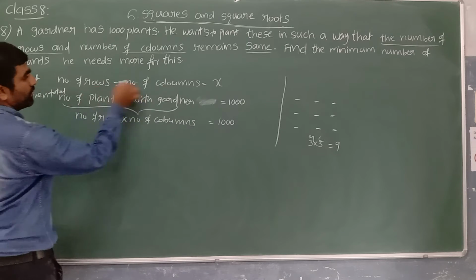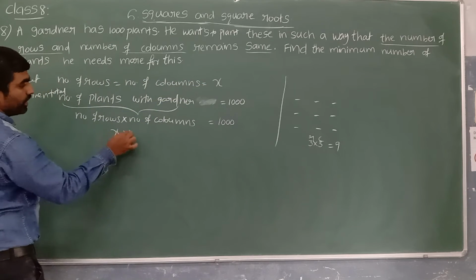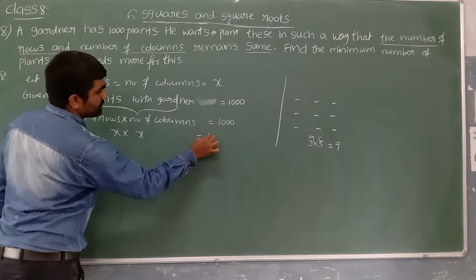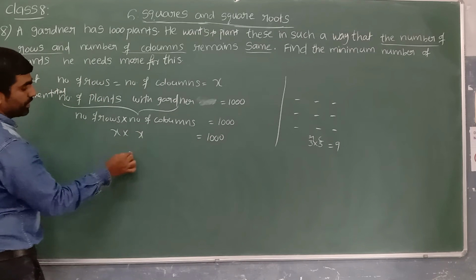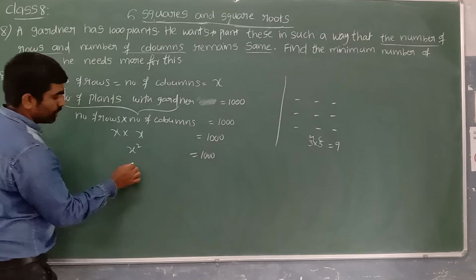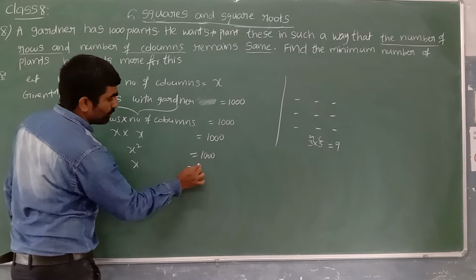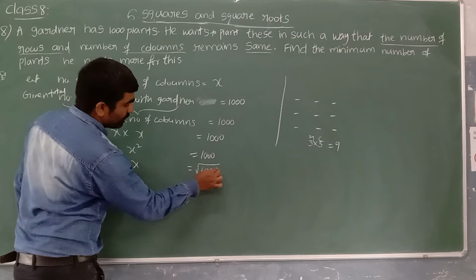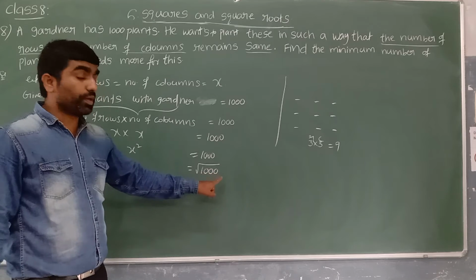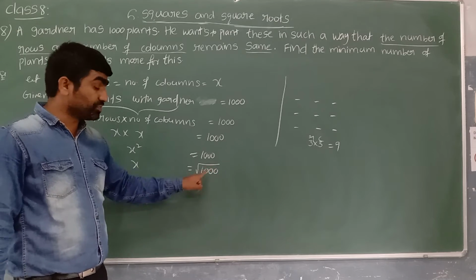How many rows are there? x rows. How many columns? x columns. Equal to how much? 1000. x times x, we can write x squared is equal to 1000. So x is equal to the square root of 1000. 1000 is not a perfect square. The reason is it has an odd number of zeros.